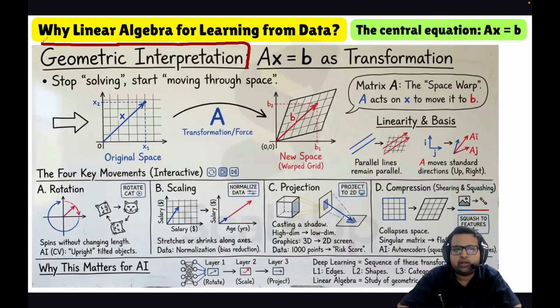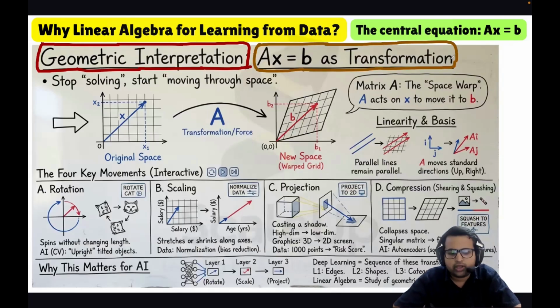So let us look at Ax equals B as transformation. In the geometric view, we stop thinking about solving equations and start thinking about moving through space.